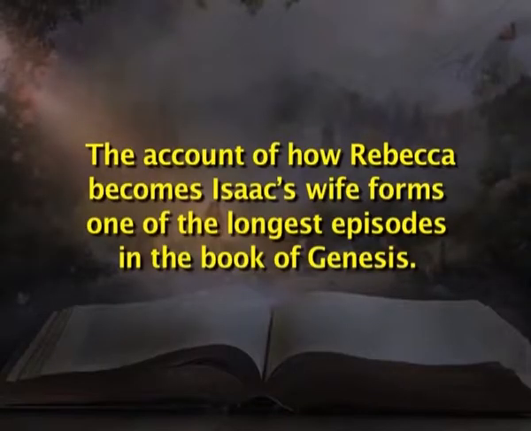When Isaac was 40 years old, the servant found Rebekah from Abraham's native town and brought her to Isaac. The account of how Rebekah becomes Isaac's wife forms one of the longest episodes in the book of Genesis.